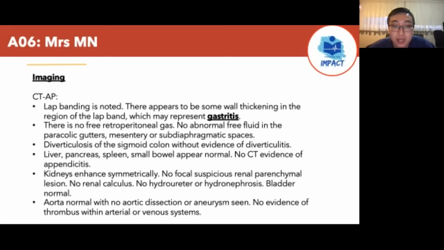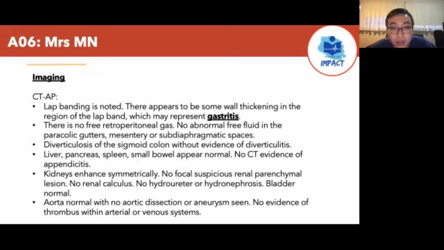But this was the CT abdo-pelvis report. They noted the lap banding, and there's some wall thickening in the region of the lap band, which they think may represent gastritis. But remember, this is just a black and white image in the setting of a contrast enhanced CTAP.